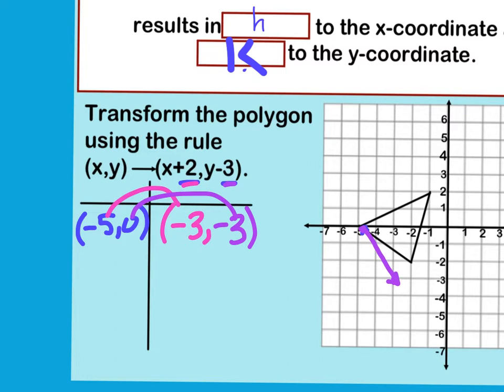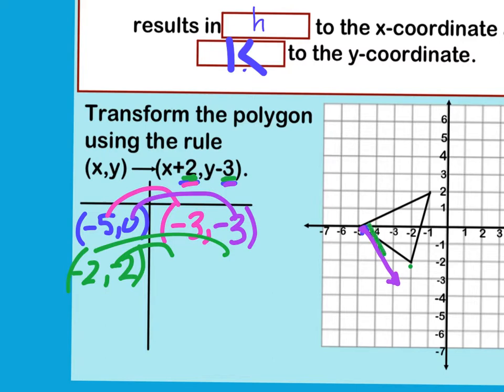Now, I can keep going. I can list the rest of the points. This point would be -2, -2 in my pre-image. I can add 2 and subtract 3 to get my new point. Or I can just remember that a translation moves every single point from the pre-image the same direction and the same distance to get to the image.